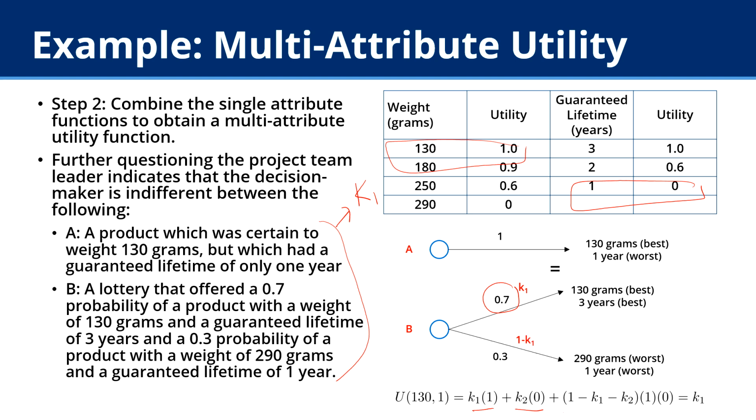And then this part is the coefficient for this combined term, 1 times 0 obviously is 0. This ends up being K1. Okay, so using one of our axioms, we know that since these two lotteries are the same, the coefficient K1 must equal 0.7. We can now proceed to find the weight for K2 next.